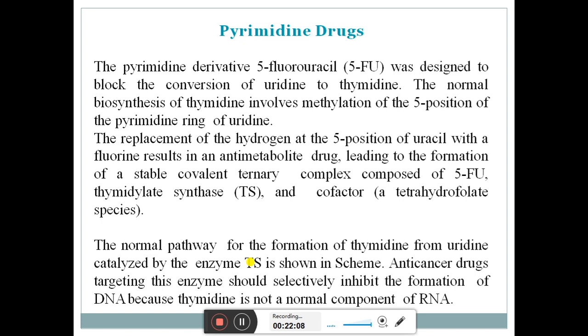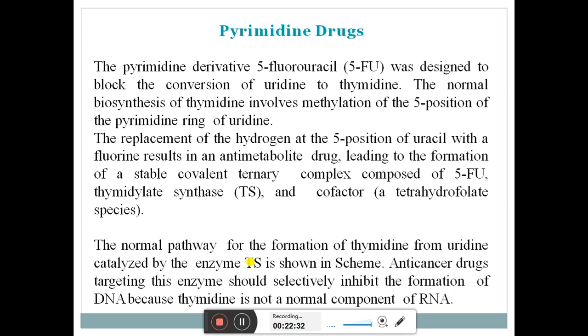So the normal thymidine involves methylation at the 5th position of the pyrimidine ring of the uridine. So what is thymidine? When uridine is converted into thymidine, what happens? At the 5th position of this uridine it gets methylated. Okay, so at the 5th position we have a fluoro group.